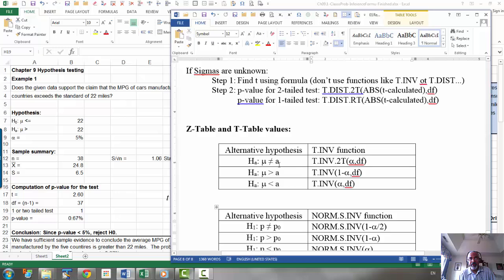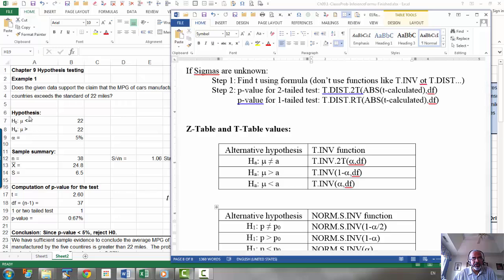But if it is a hypothesis like this, mu greater than some value a, that is a one-tailed test on the right-hand side, then the probability we need to provide for the t.inv function is the cumulative probability, which is 1 minus the tail. So it will be 1 minus alpha. 1 minus alpha is the cumulative probability, and then you use the degrees of freedom.